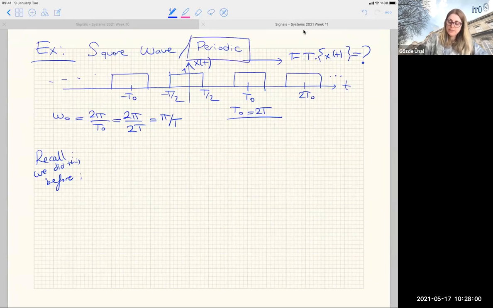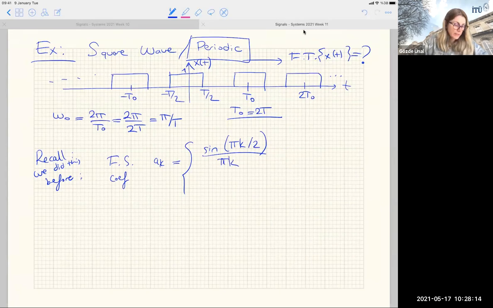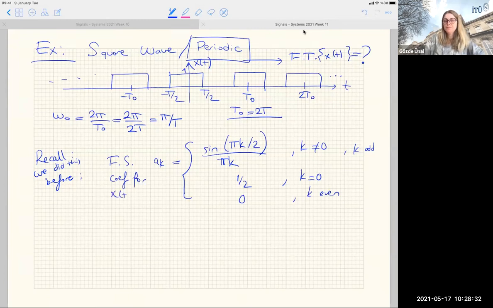The Fourier series coefficients a_k are given by, even if we did not do exactly the same signal, I believe we did this, 1 over pi k for k not 0 and k odd. Then for k equals 0, it's equal to 1 over 2, and it's 0 for k even. This was the Fourier series coefficients for the periodic signal x of t.